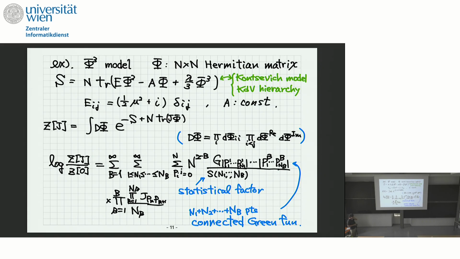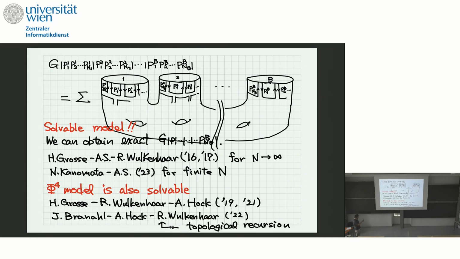So using some free energy as a generating function with the endpoint function, there is some statistical number, and this is the external field. So slightly complex, but anyway, that means connected Green function. I don't want to talk about the detail, but G is described by using the Feynman graph on the Riemann surface like this.